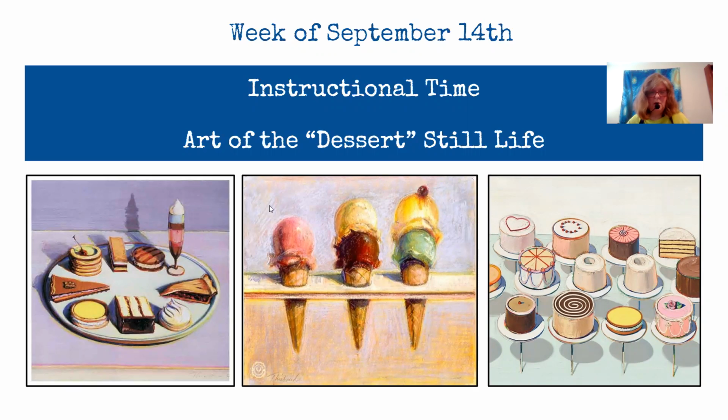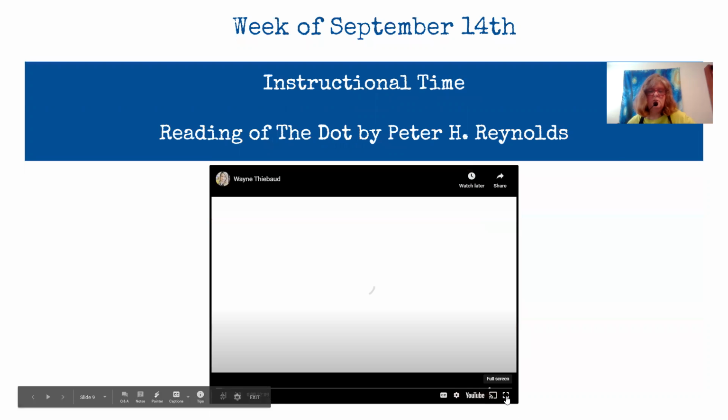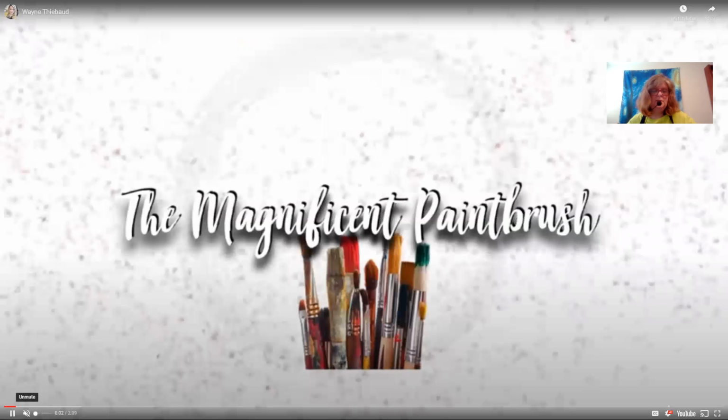That's what all these little lines and things that you see going on behind the ice cream cone are. That's texture that he created. Then you see a platter of desserts and a platter of cakes. Okay, let me get this up so we can actually see it. Oh, and the sound on.